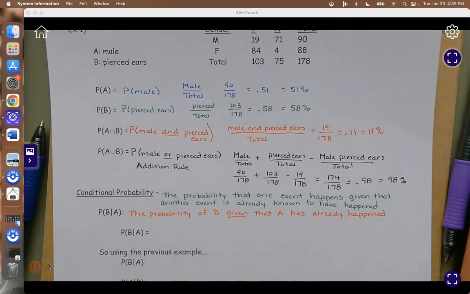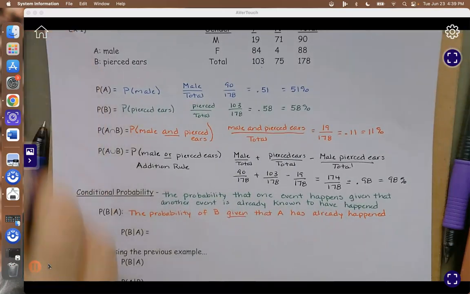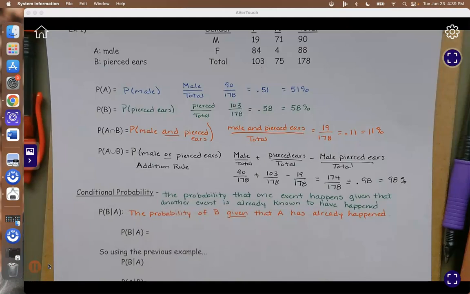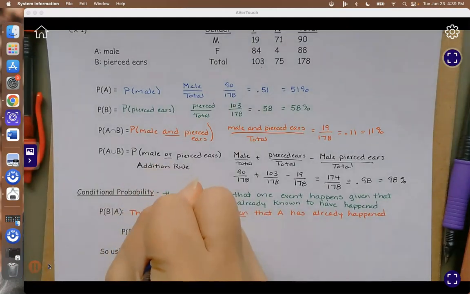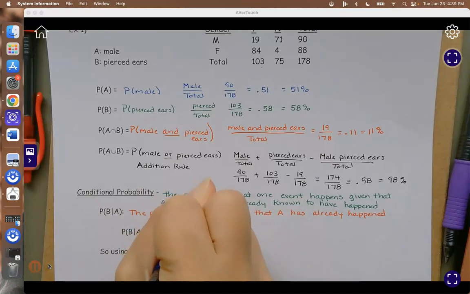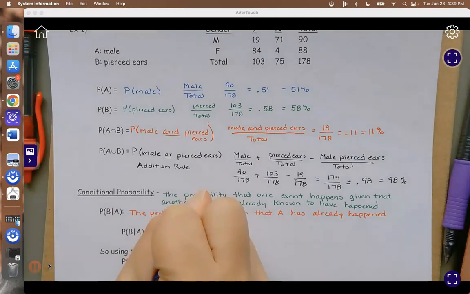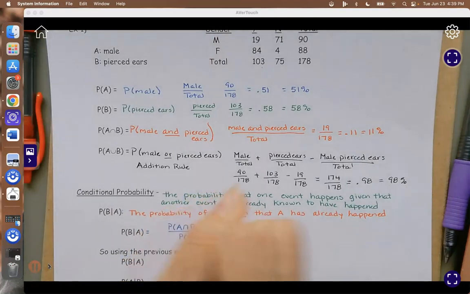Sorry, I don't write very straight on these papers. Alright, so how do you calculate it? So you do the probability of A and B over the probability of A.